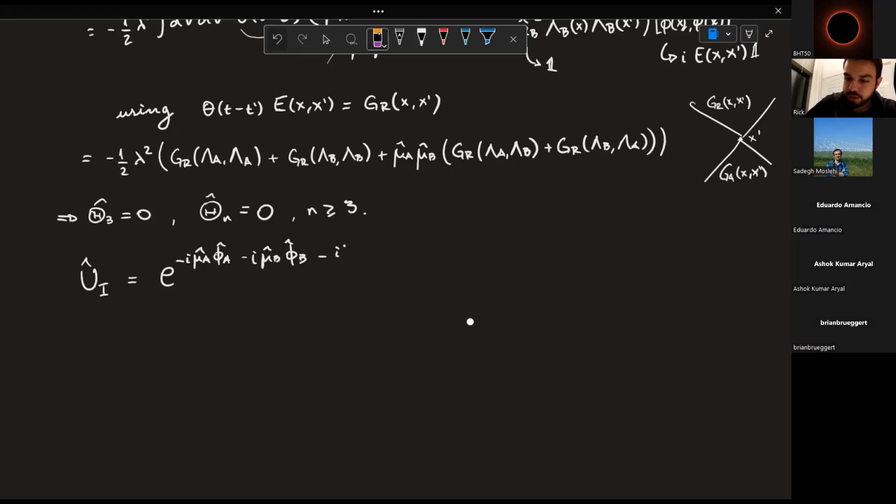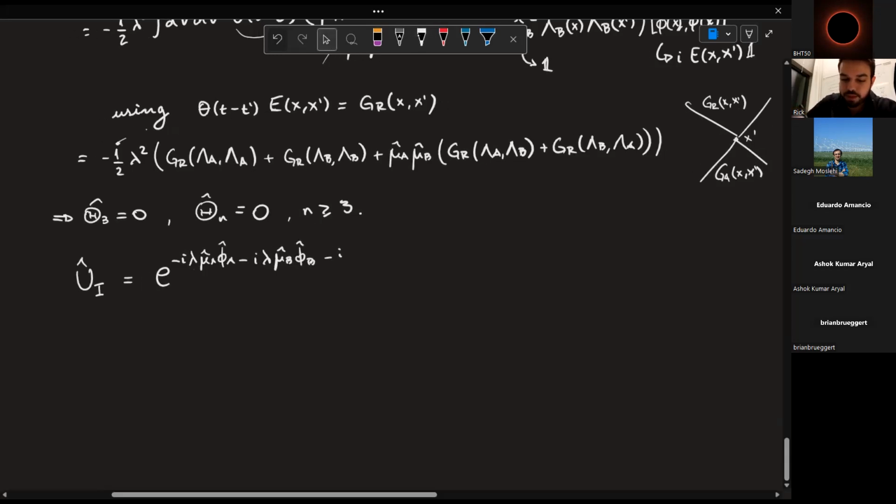Let me rewrite this with the coupling constant, because why not? So minus I lambda mu A phi A minus I lambda mu B phi B. Then the other term was the minus I, sorry, I forgot the I here, but there was an I which was coming from the propagator. There's an I.